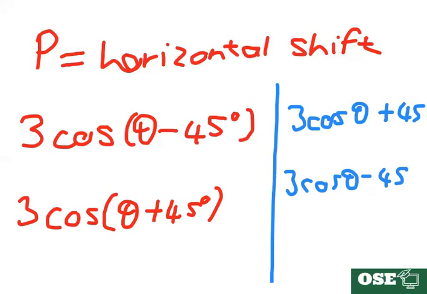If you punch it in your calculator, the blue one, it will start by multiplying 3 cos theta. What is the difference between the red and the blue formulas?